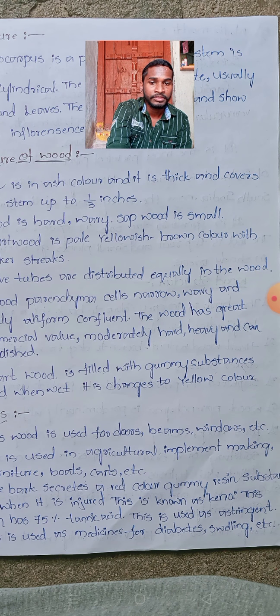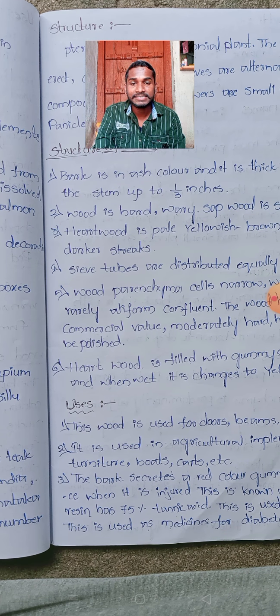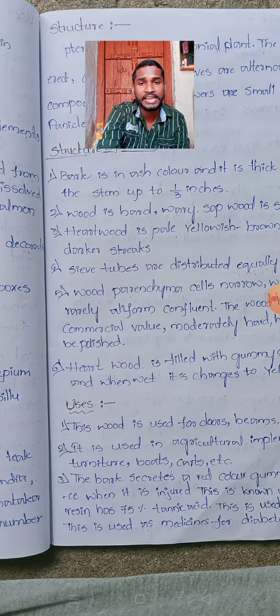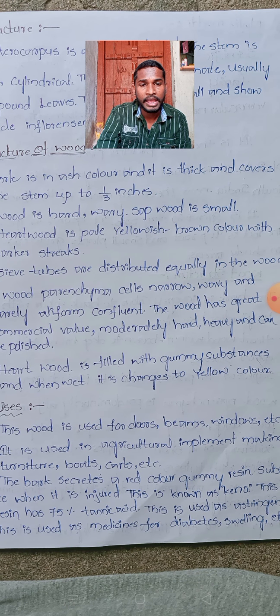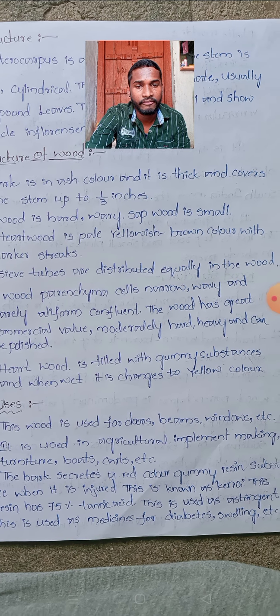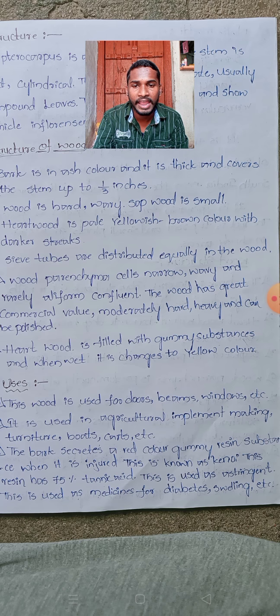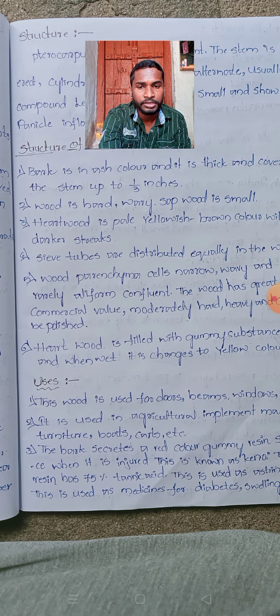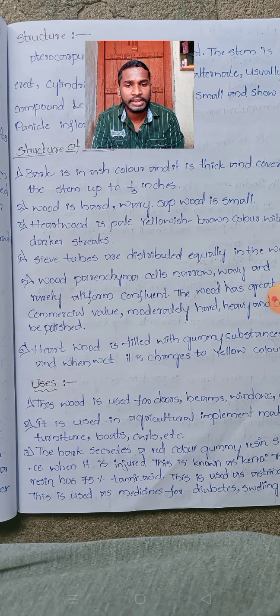The wood parenchyma cells are narrow, winged, aliform to confluent.